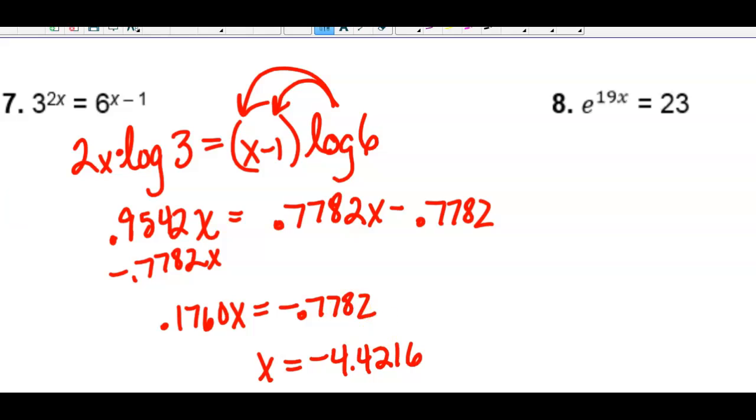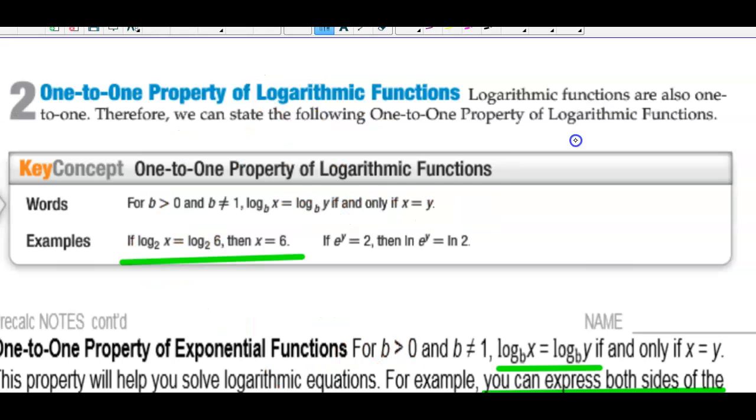So if I go back and type that in, if I do 3 to the power of 2 times negative 4.4216, I get almost nothing. I get 6.035 times 10 to the negative 5th. On the other side, if I go 6 to the power of negative 4.4216 minus 1, I get almost exactly the same thing. Okay, so it is checking when I put those back in. They're just really ugly. I'm going to skip that one. I'll do it in the notes.